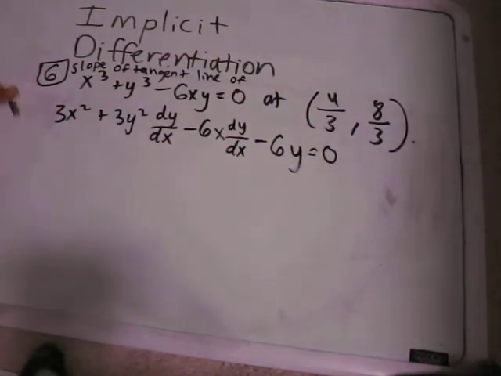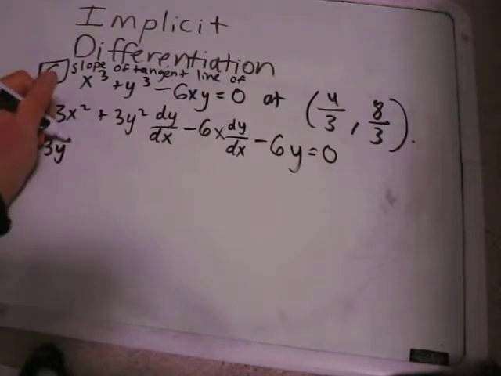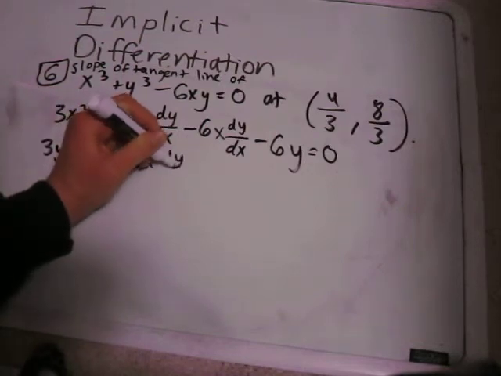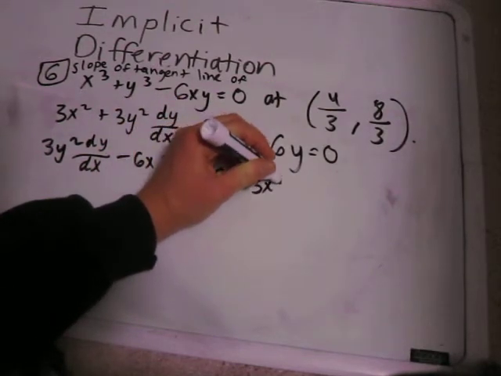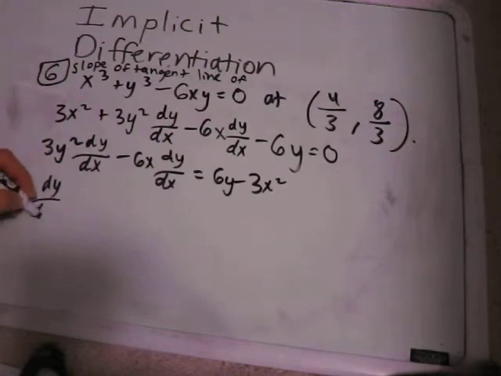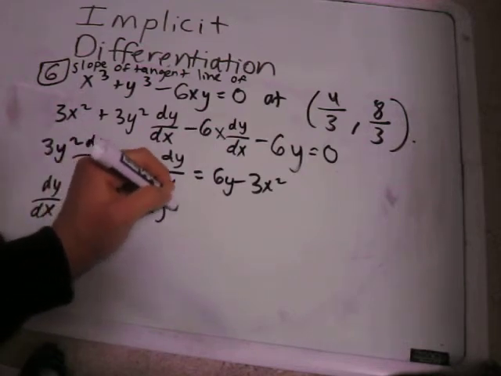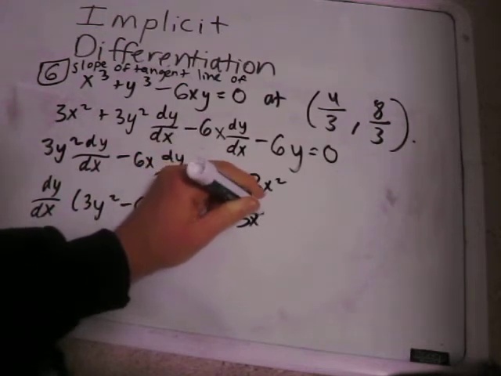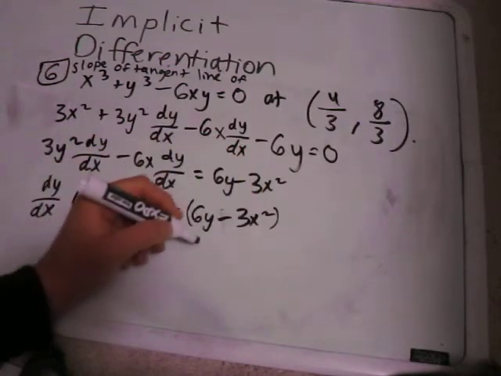So we're going to move everything to the same side like we've been doing, and factor out the dy/dx, and then divide.